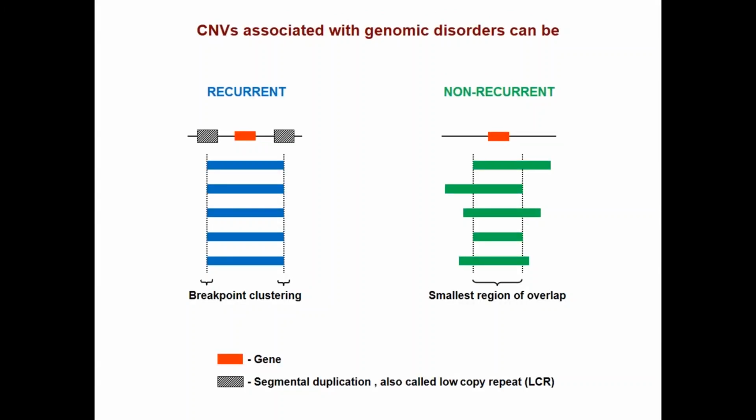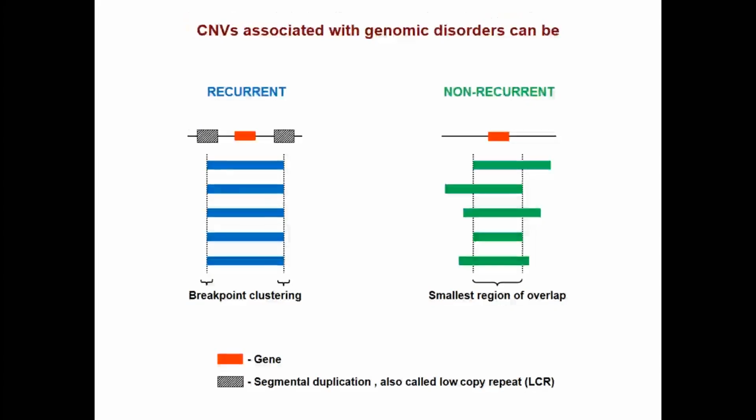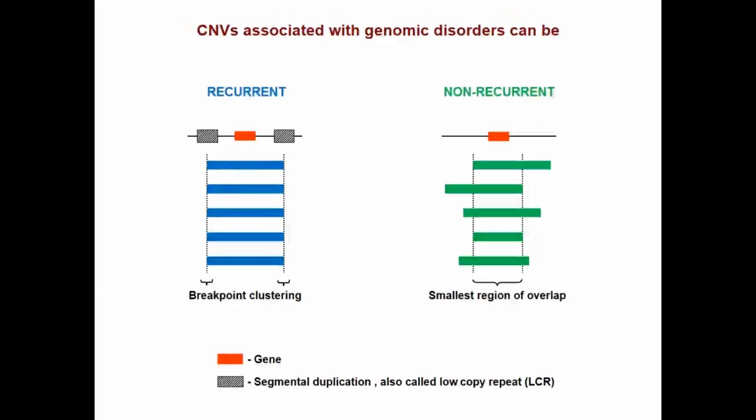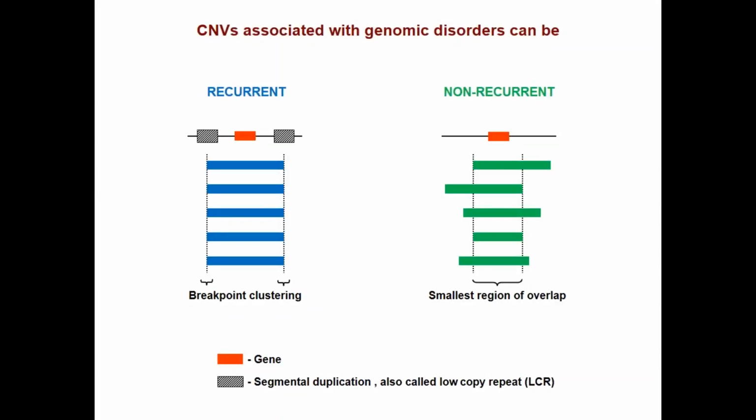For example, whether it's de novo or inherited, if it spans known dose-sensitive genes, if it overlaps with benign CNVs or not, if it was inherited from a parent who has a similar phenotype, and so on. These are all things that we use to determine the clinical significance of these CNVs.